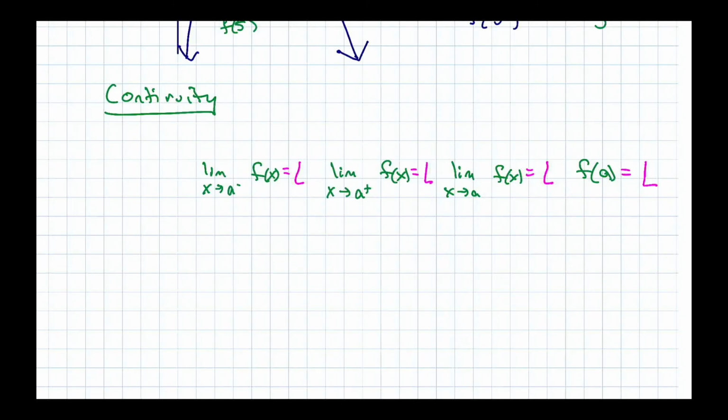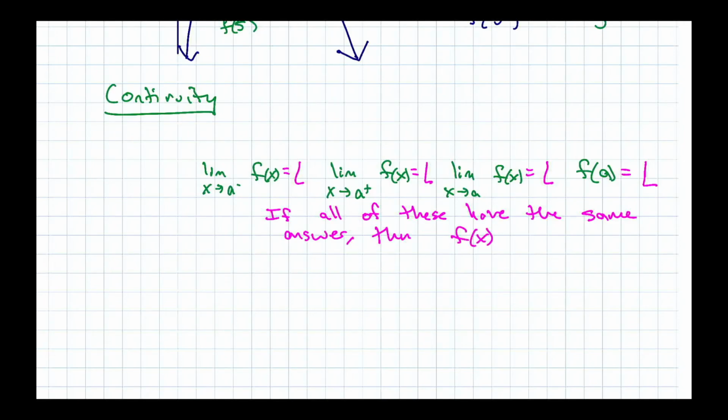So if they all have the same answer, then f of x is continuous at x equals a.